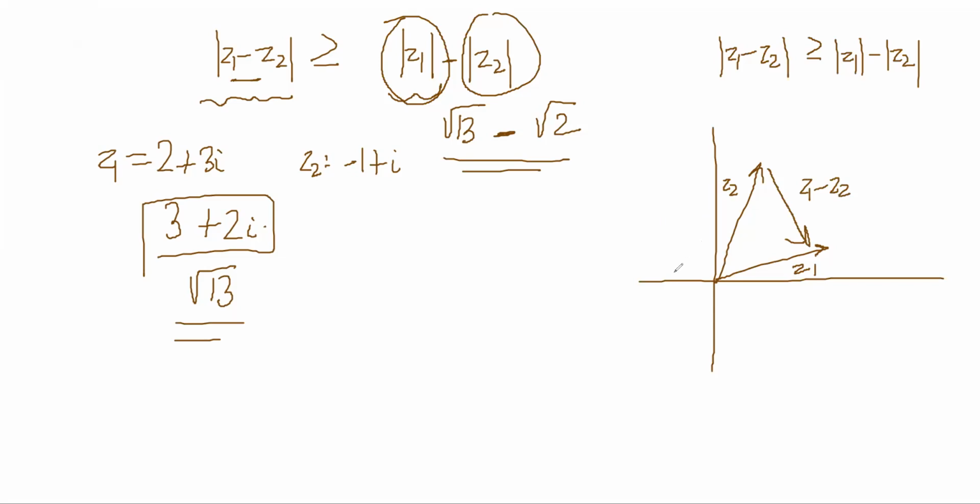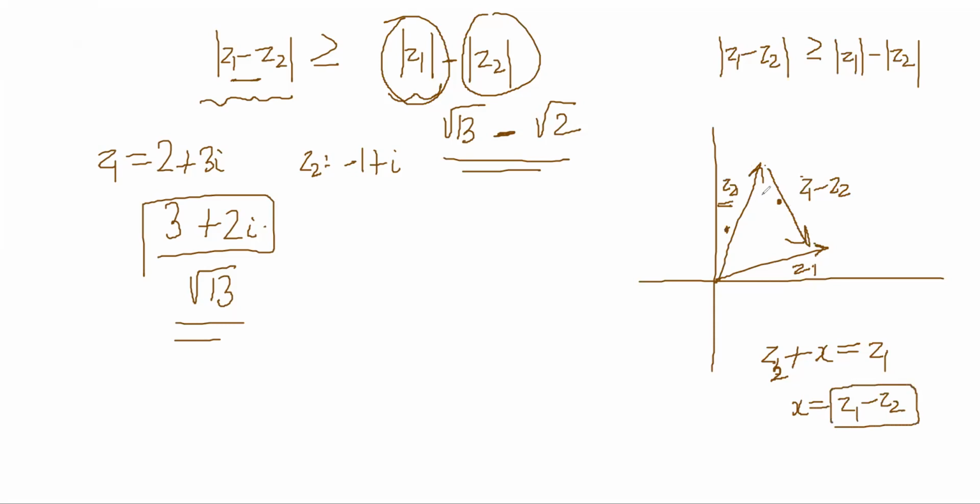Because look at these two vectors, this one and this one. You start from here, go to here, and then from there to there. That should be equal to z1, no? So z2 plus something should be equal to z1. If you wanted to figure out that side, z2 plus x should be equal to z1. So x must be equal to z1 minus z2.